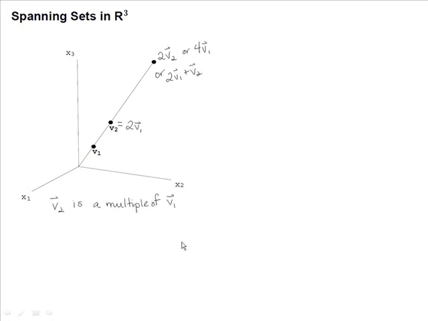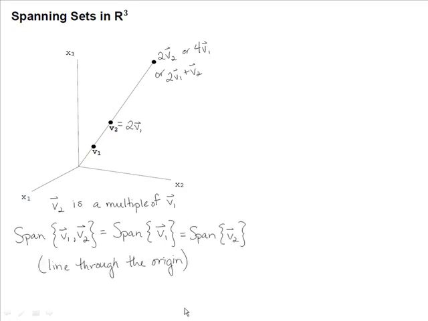So v2 is a multiple of v1, and when that happens, the span of v1 and v2 is equal to the span of v1, which is also equal to the span of v2, which geometrically is a line through the origin.